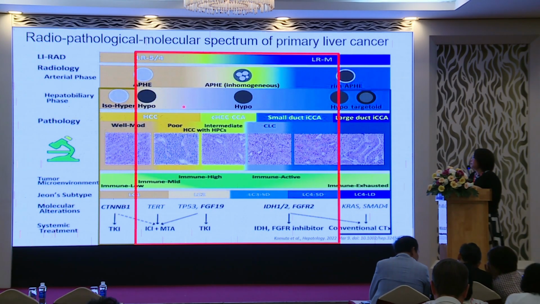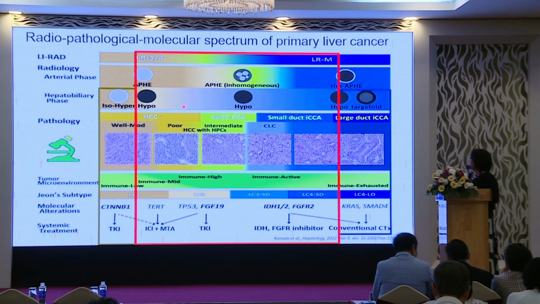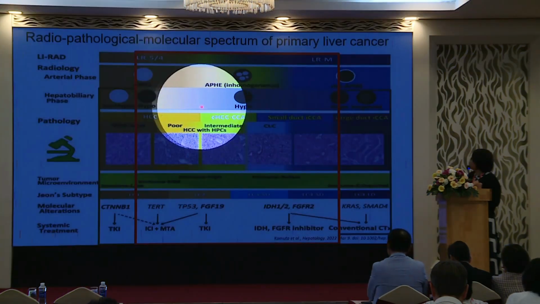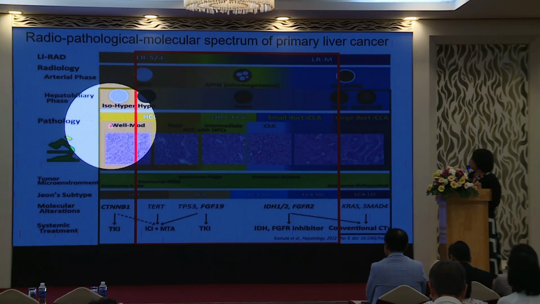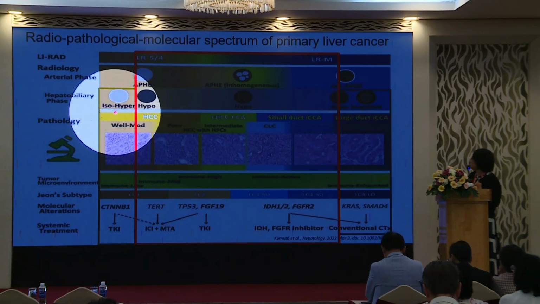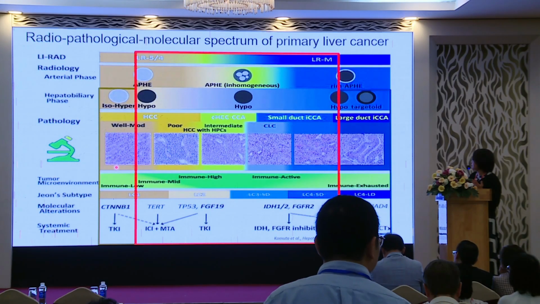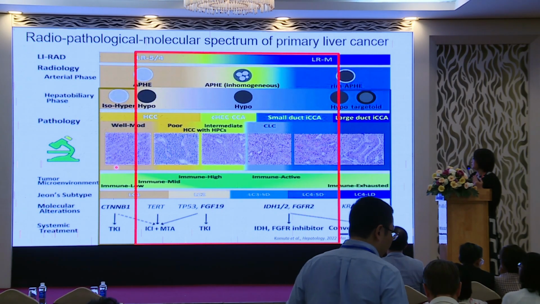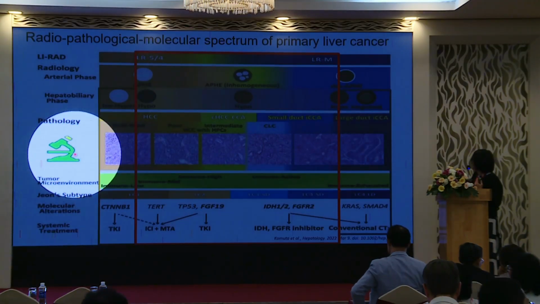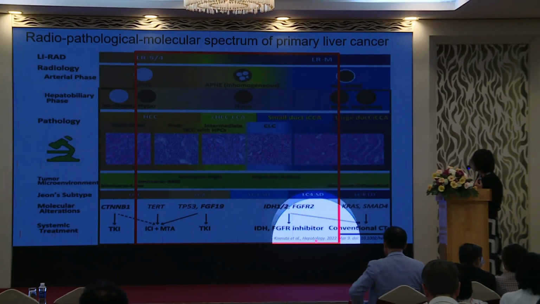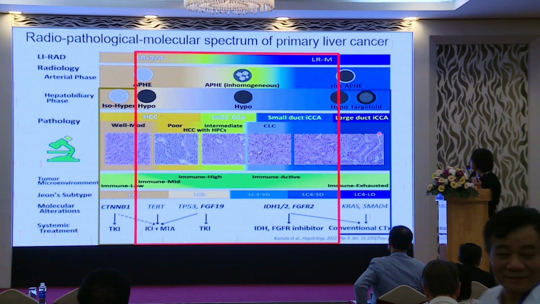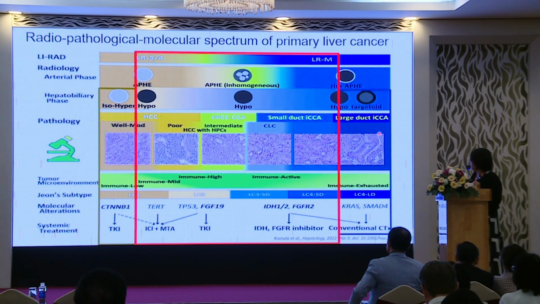So when it comes to primary liver cancers, it's important to understand that they comprise a spectrum. The spectrum is made by the well-differentiated HCC, which is a representative picture of hepatocyte, and also the large duct-type ICCA, which is also the representative aspect of the bile duct.